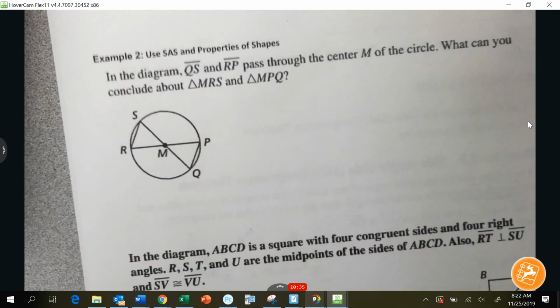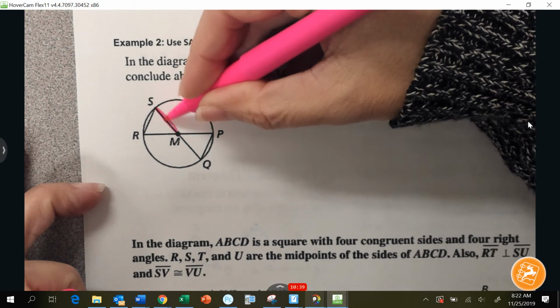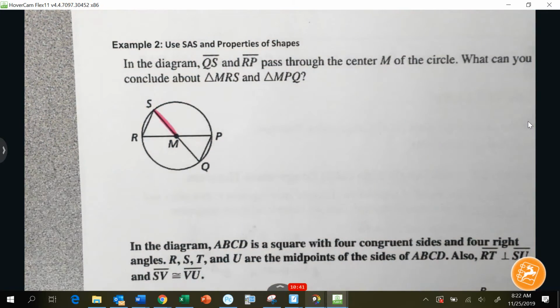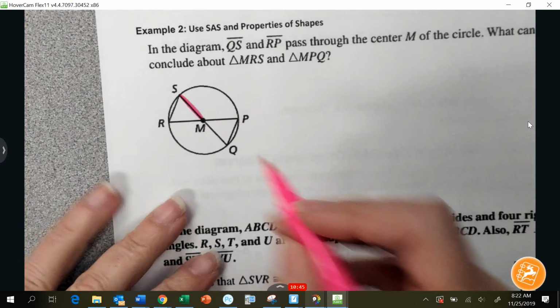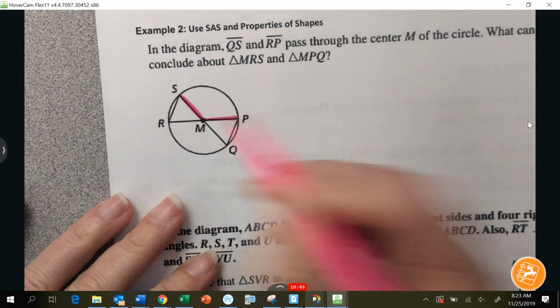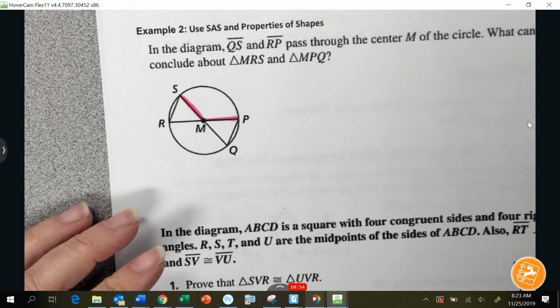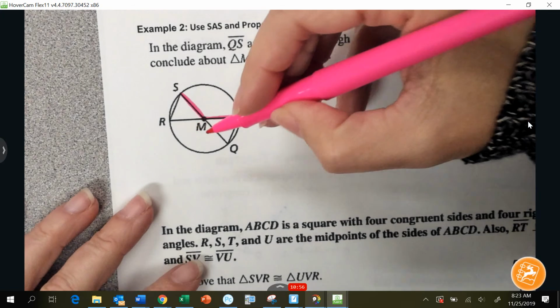Somebody tell me, what is this? When I talk about a circle, what is that? The radius. What is this? In a circle, what is that? Avneet, what is that? The radius.